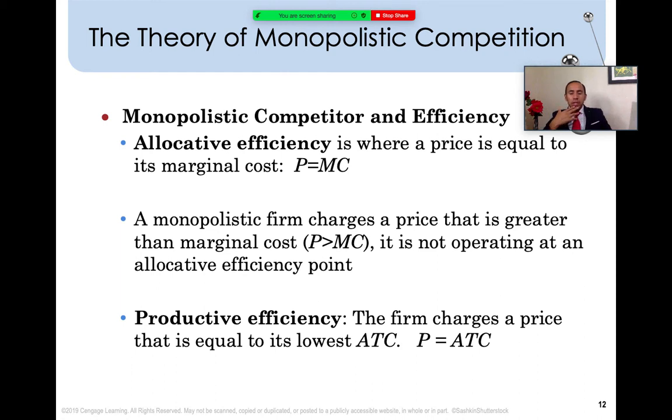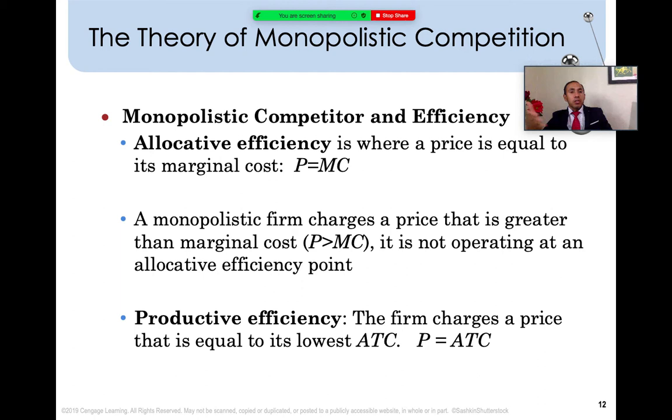It attempts to do so in the long run by producing a good or service and charging the price where average total cost is equivalent to the demand curve and the price. But true productive efficiency means that the firm charges a price that is equivalent to the lowest average total cost of production.